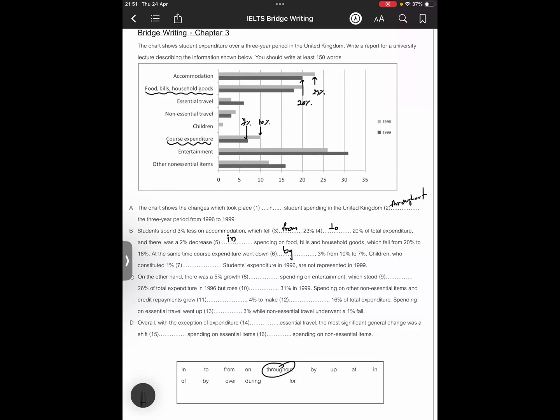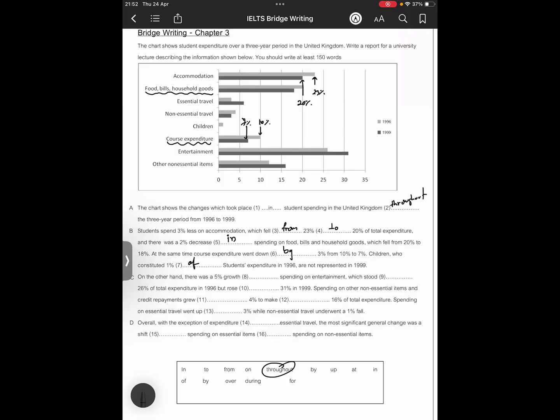Children, who constitute 1% of student expenditure, are not represented in 1999.